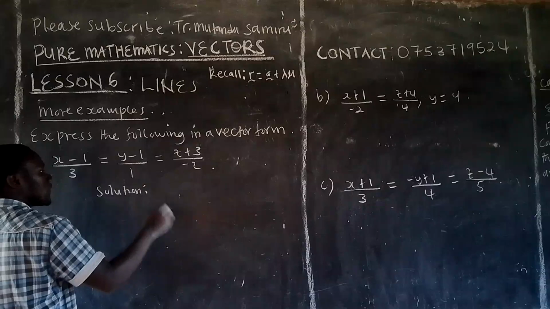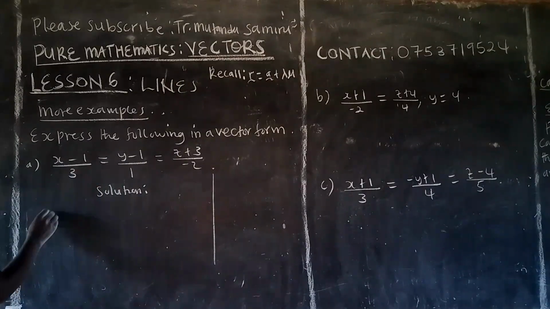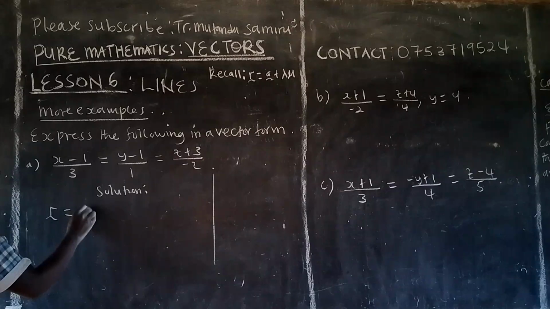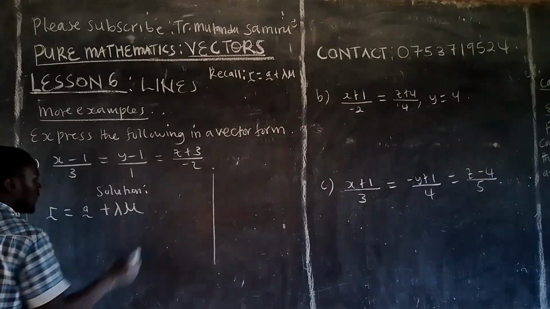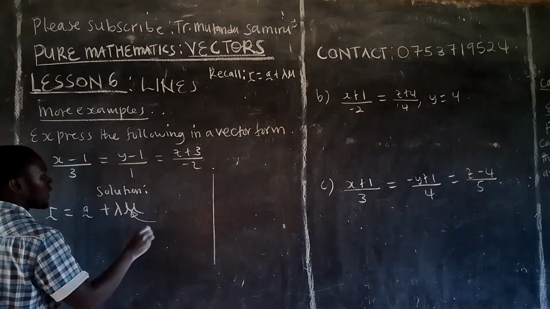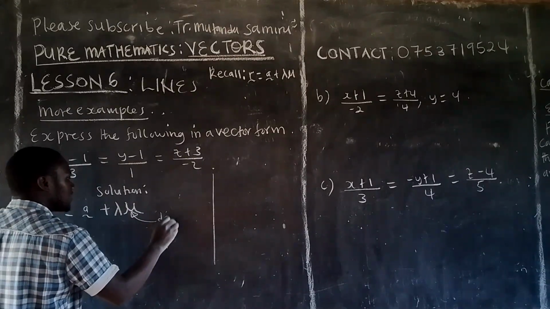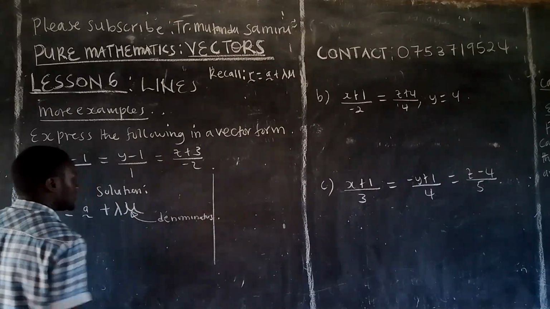Solution. Now what you must know is, R is equal to vector A plus lambda mu. This mu here is the values in the denominator. The denominators give you that mu.